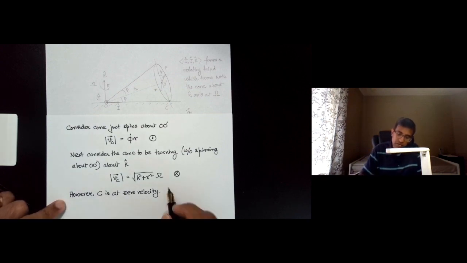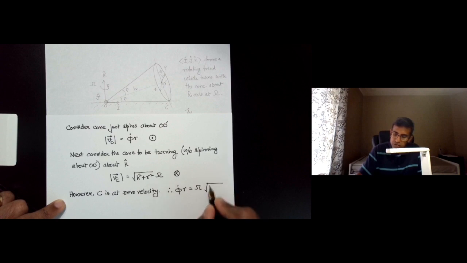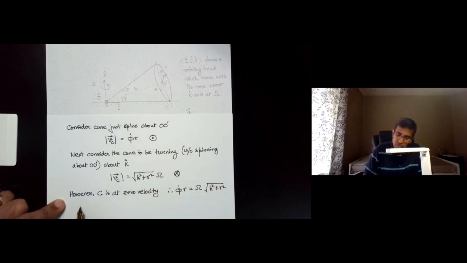So C is at zero velocity, so therefore phi dot r must be equal to omega times square root h squared plus r squared. Okay, and so we have phi dot is indeed related to this angular velocity omega, and it is omega times square root h squared plus r squared divided by r.